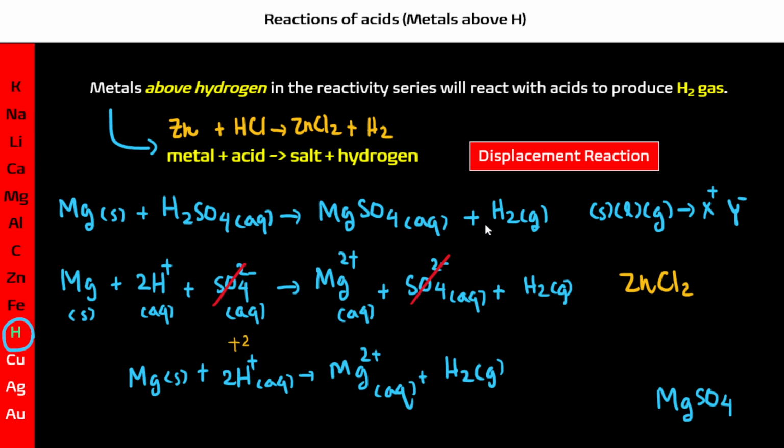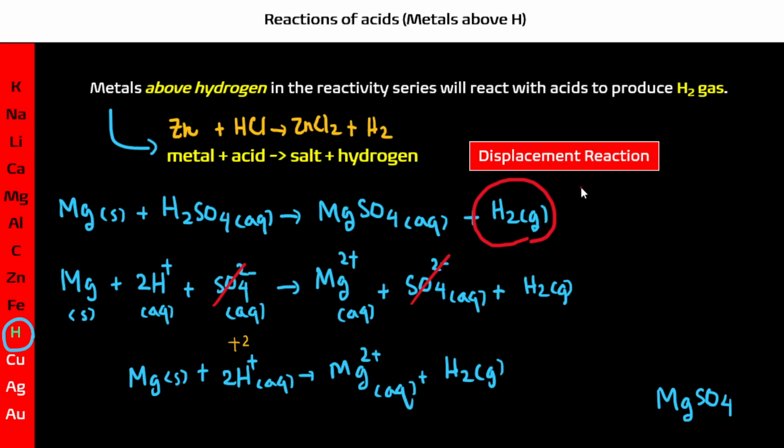And since we are here already, I would like to mention one thing again. Whenever hydrogen gas is produced in your chemical reaction or equation, what you should know as your observation is that there would be fizzing or bubbling. Okay, so these are the two words that you can write for your observations: fizzing or bubbling. And hydrogen is also a colorless gas that you will see comes out of the reaction.